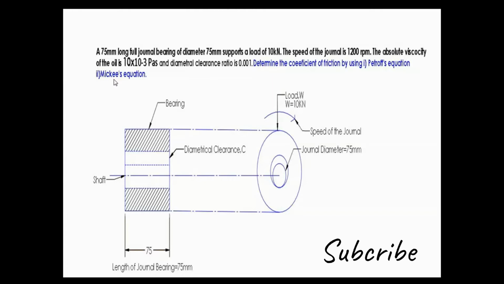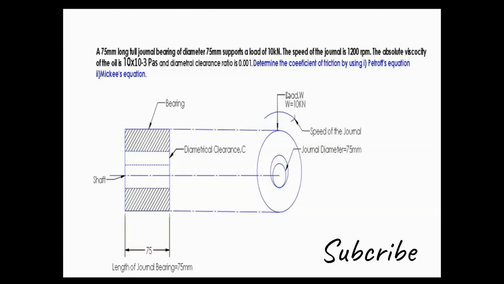So first we learn the meaning of the problem. In this problem they have given the length of the bearing as 75. So this is a bearing and this bearing length is 75, and this is the shaft or journal, and they have given the diameter as 75 mm, and it takes a load of 10 kilonewton.